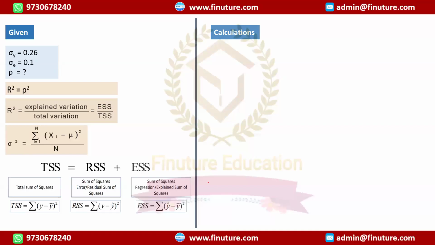Coming back to our question, for the dependent variable, we were given a standard deviation of 0.26, and the standard deviation of error terms was 10%, and we were asked to calculate the correlation. And these are the formulas that I just explained in the previous slide. So let's see how to calculate.